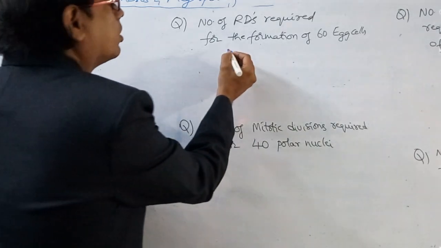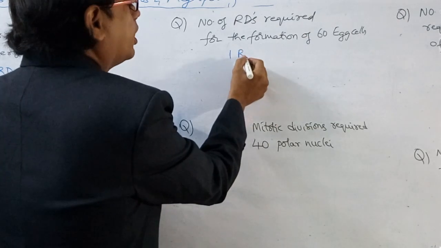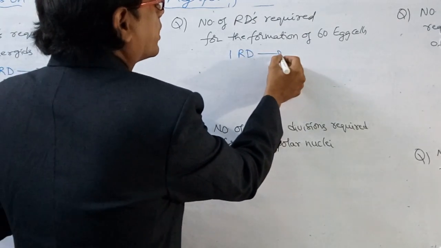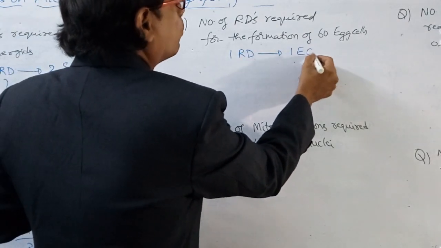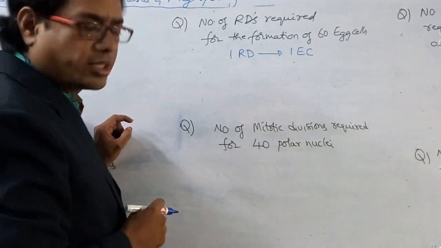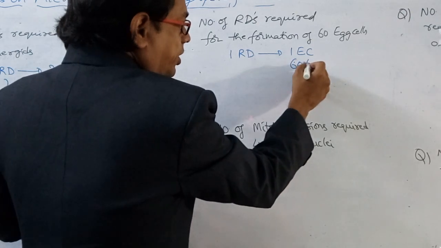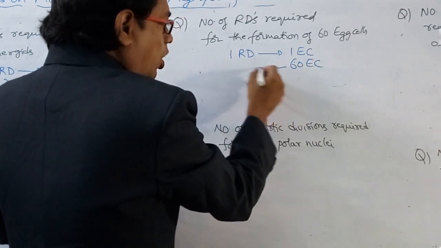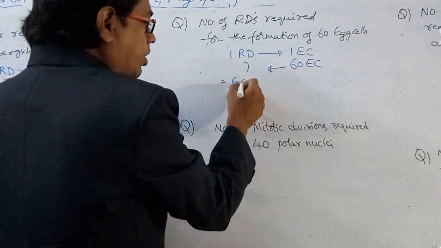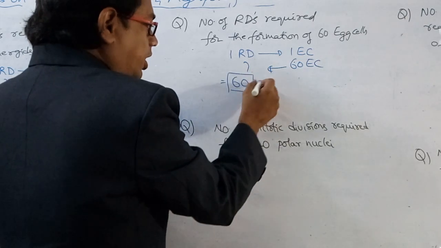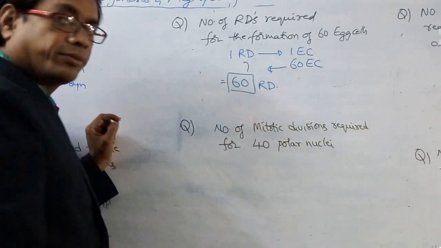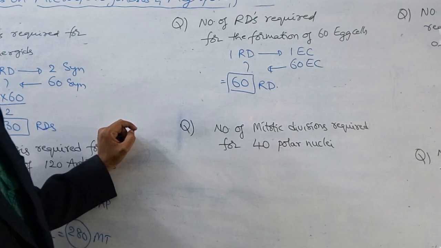So 1 RD is required for the formation of 1 egg cell. EC means egg cell. How many egg cells are given here? 60 egg cells. So that is equal to 60 RDs. Isn't it? Is it clear?